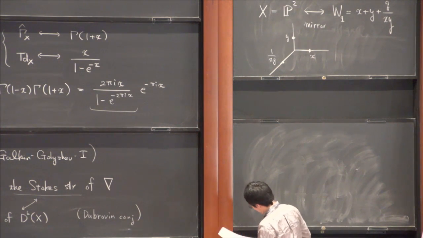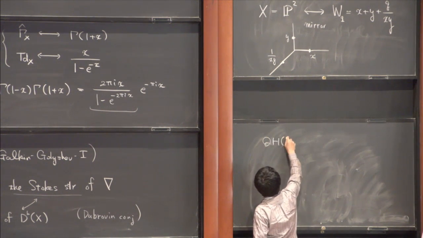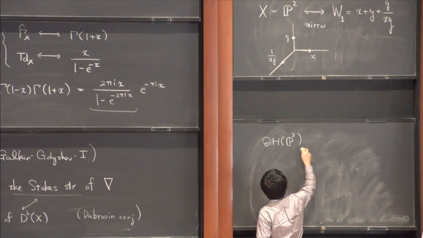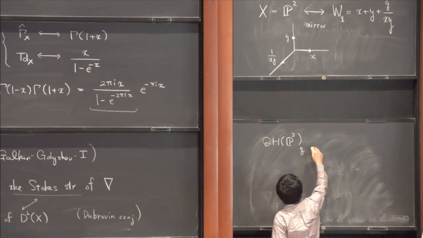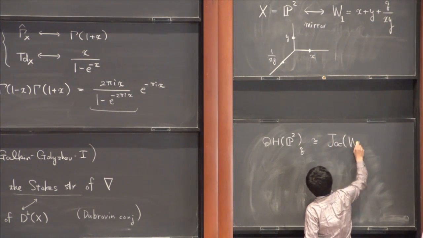I have the following statement. If we consider the quantum cohomology of P2 at some scalar parameter q, this is isomorphic to the Jacobian ring of W sub q.